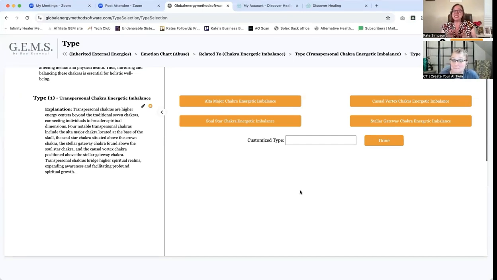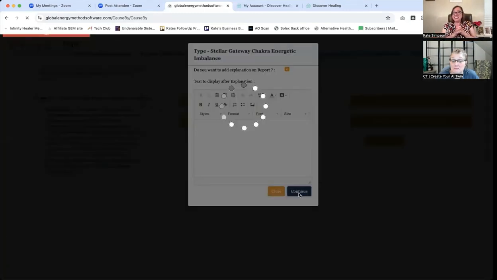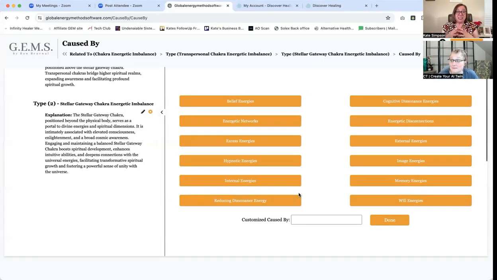So this is called a transpersonal chakra, and this is the stellar gateway chakra. Okay. This chakra is positioned beyond your physical body. Maintaining balance to this chakra helps boost your spiritual development, enhances your intuitive abilities, and so on. Let's make sure that we have this chakra open and balanced.